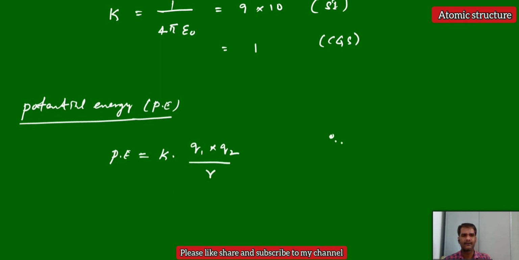Here one particle has charge q1 and the other q2, at a distance r, and the potential energy developed is k into q1 q2 by r. It is the same constant k as above, q1 q2 are the charges, and r is the internuclear distance. So the electrostatic force goes as r square, but the potential energy goes as r. This is a difference.